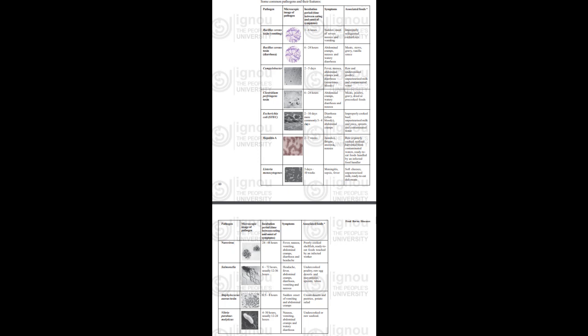The approximate optimal Aw for the growth of many microorganisms is 0.99, and most microbes require an Aw higher than 0.91 for growth. The relationship between relative humidity, RH, and Aw is RH is equal to Aw times 100. Therefore, an Aw of 0.95 is equivalent to an RH of 95%.